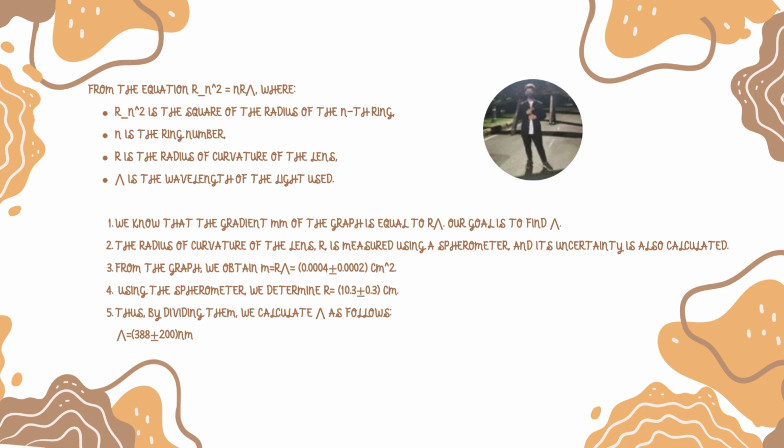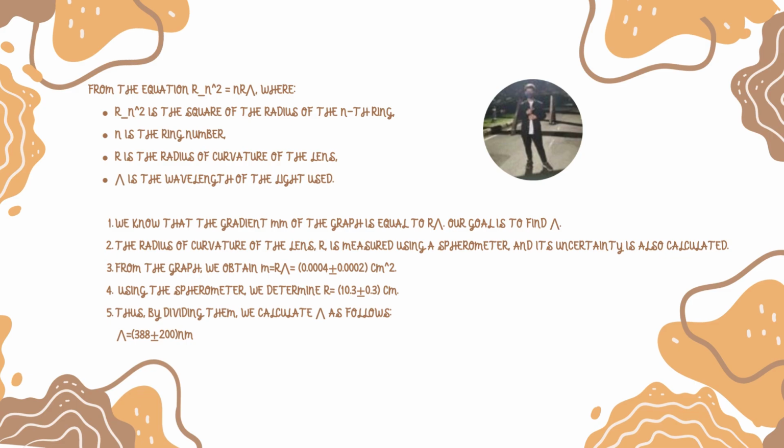From the equation, Rn square equals n R lambda, where Rn square is the square of the radius of the nth ring, n is the ring number, R is the radius of curvature of the lens, lambda is the wavelength of the light used.